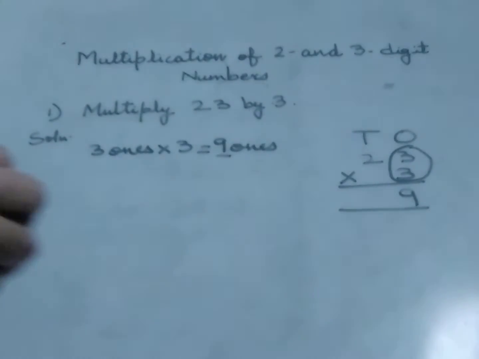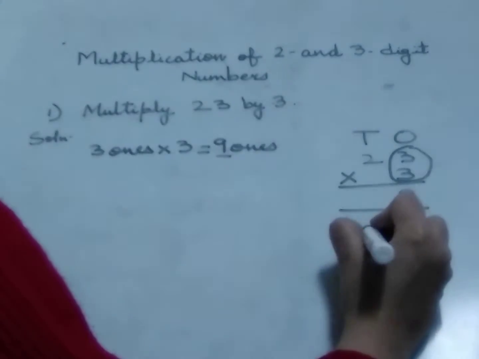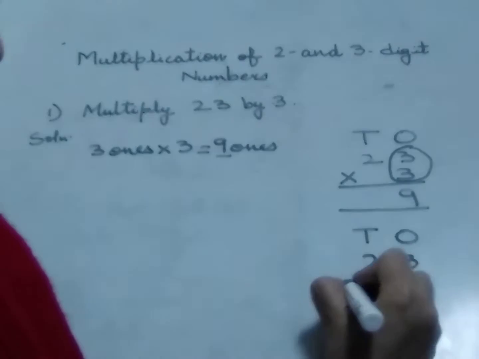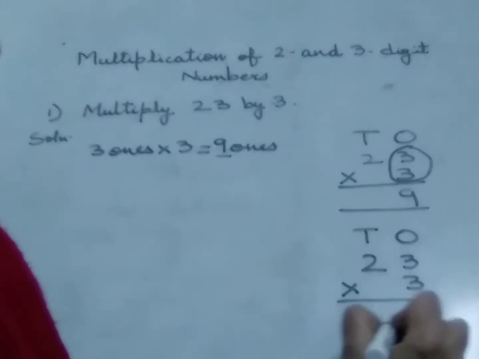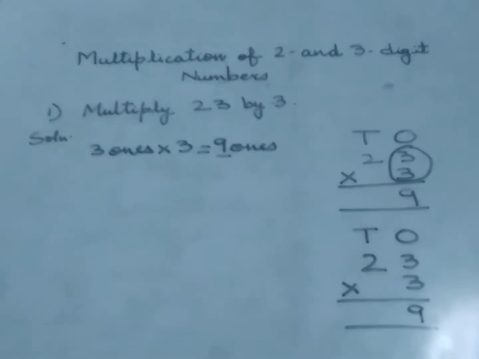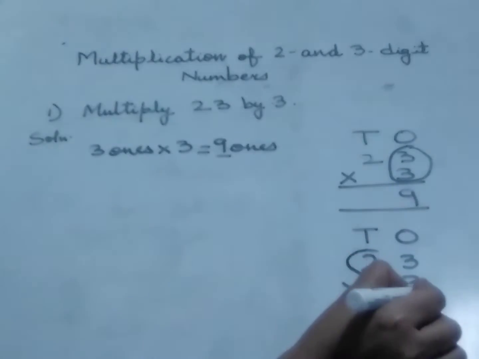Now multiply the tens next. Now this answer is 9, you know it. Multiply the tens next. That means 2 tens multiplied by 3.